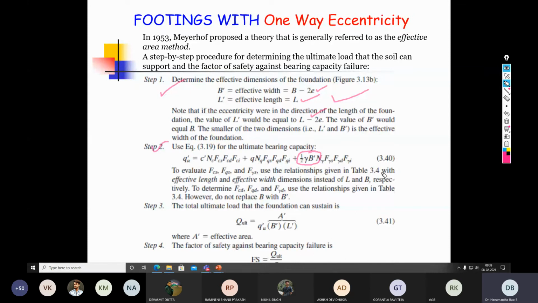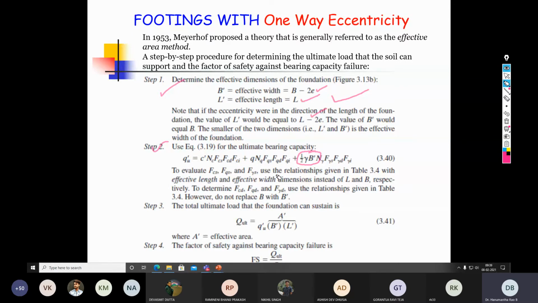Use the relationships given in table 3.4, because in the shape, depth and inclination factors, length and width are involved.